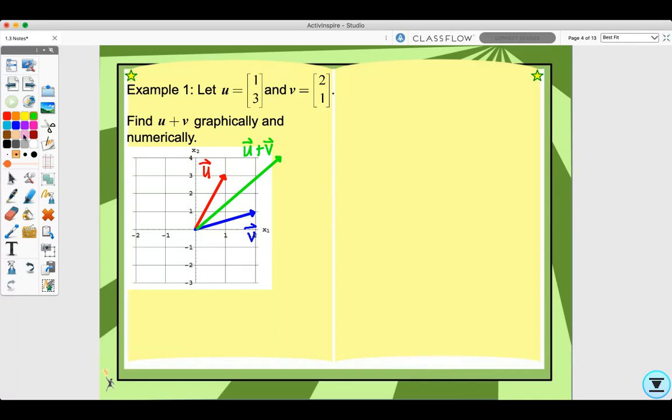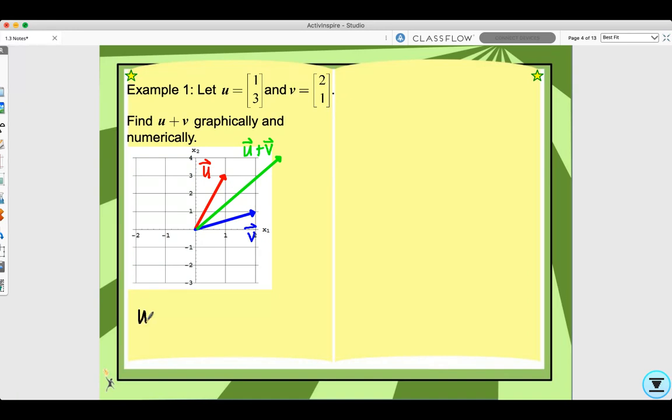And let's also do this numerically to see if it looks like this vector. So u plus v: 1 plus 2 equals 3, and 3 plus 1 equals 4. So that would be the vector 3, 4. And if I count that, 1, 2, 3, then 1, 2, 3, 4, it looks about right.